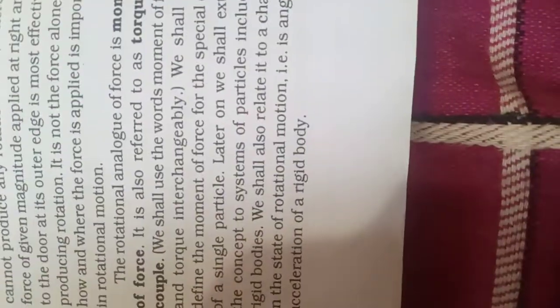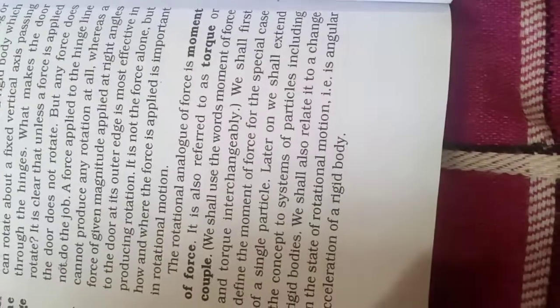We shall first define the moment of force for the special case of a single particle. We shall also relate it to a change in the state of rotational motion, the angular acceleration of a rigid body.